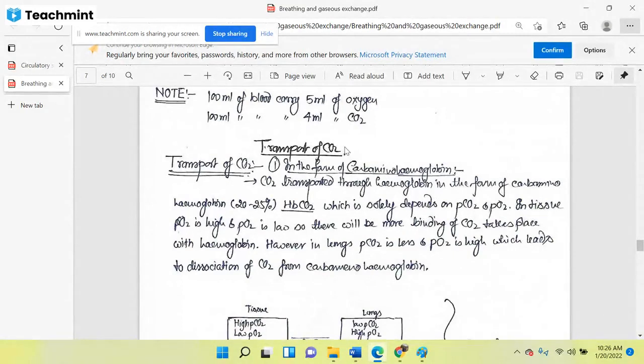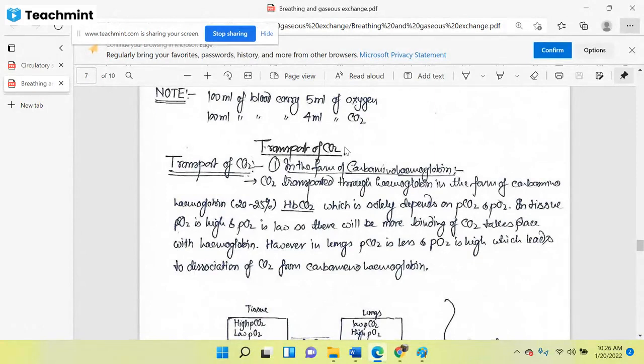I told you that carbon dioxide is transported in three ways. One, it is transported by hemoglobin in the RBC. The second, it is transported in the form of carbonic acid or bicarbonate ion, and the third, 7% of the carbon dioxide is transported in dissolved form in the plasma.